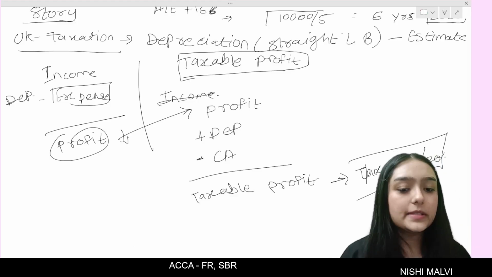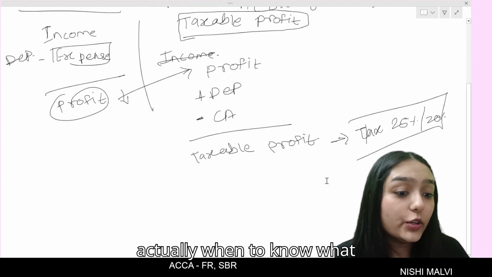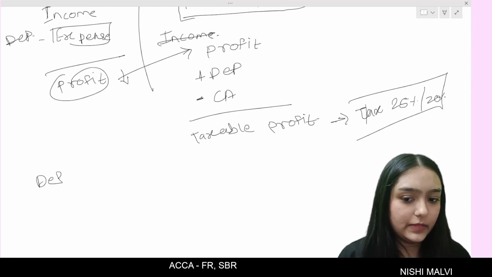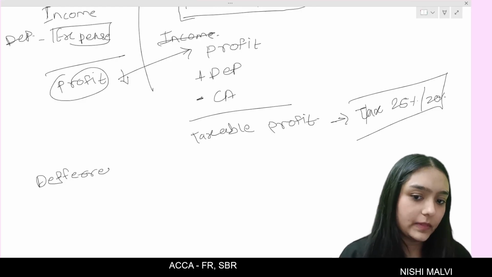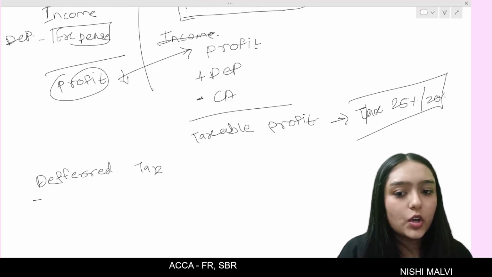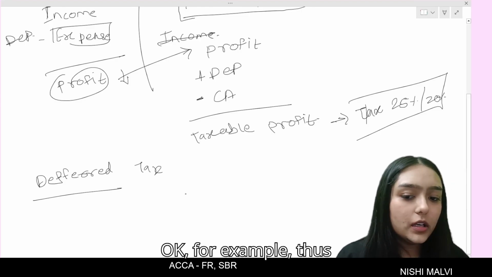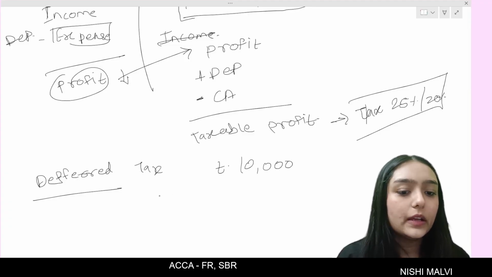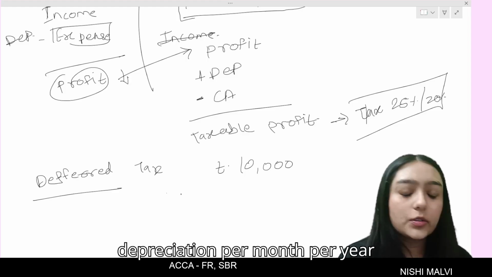Now, what is deferred tax exactly? For example, take this 10,000 asset, with depreciation considering a 10 year useful life, which is 1,000 per year.